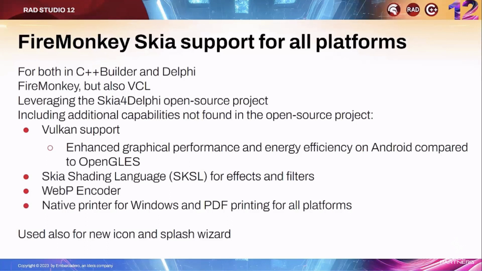The WebP encoder, which I showed earlier, and the ability to natively print for Windows and do PDF printing for all platforms. So you can take a form and render it as a PDF, or take content and paint as you would paint on the screen on a PDF surface, and then generate a PDF file, which could be handy to support some sort of printing on mobile.